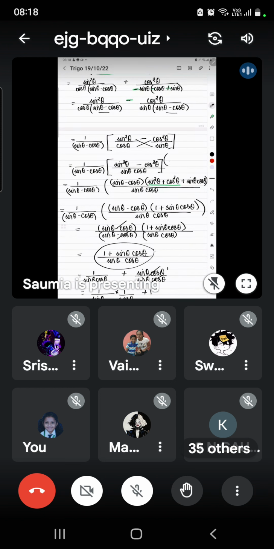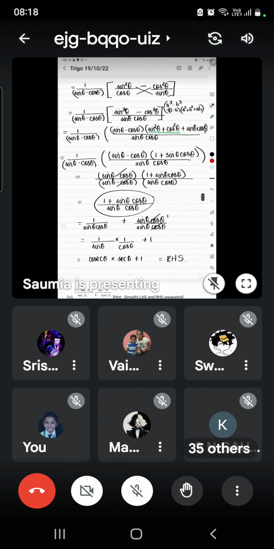You can write down here a cube minus b cube, a minus b into... we use this identity to get the next one. Over? Ma'am, just a minute.